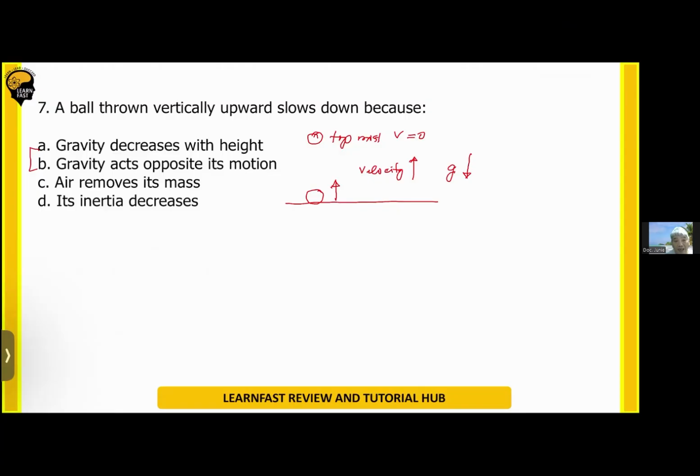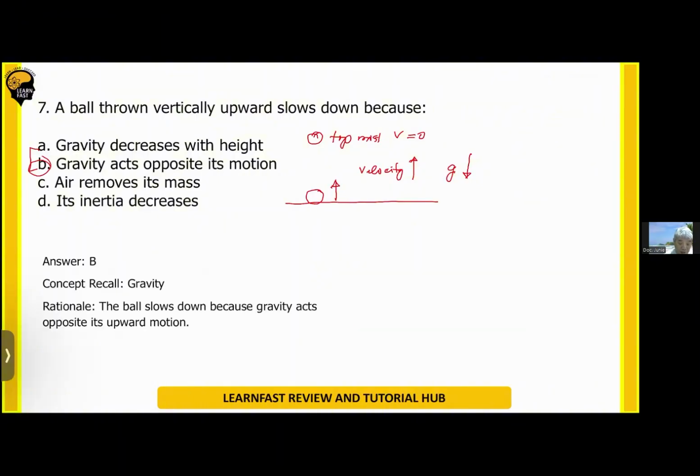Okay. So what would be your answer? Gravity acts opposite to the motion of the ball that was thrown vertically upward. So the answer is letter B. Okay. So this is your set of notes that you could write down so that you will never forget.